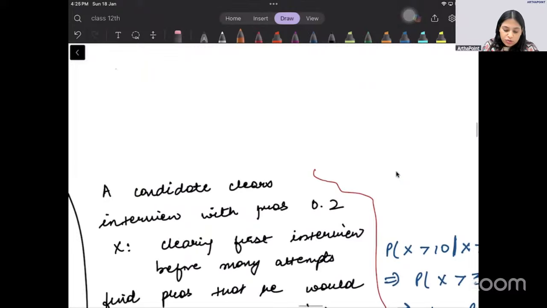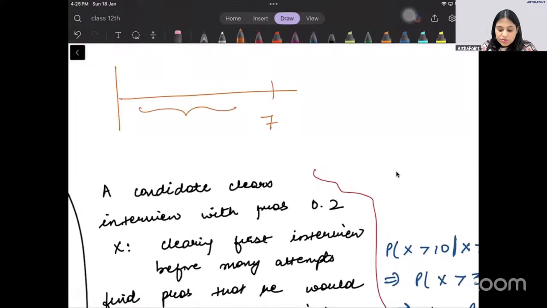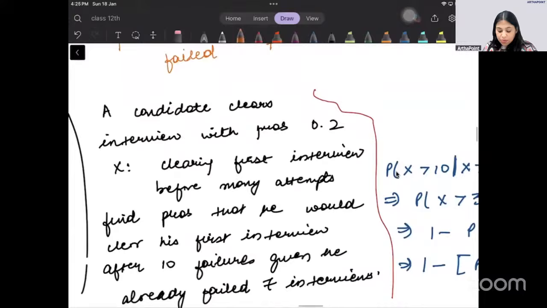So the person started, he has given the first 7 interviews and he has failed, right? But he can clear the 8th one, he can clear at the 9th one, he can clear at the 10th one. The question is asking what is the probability he will clear his first interview after 10 failures.